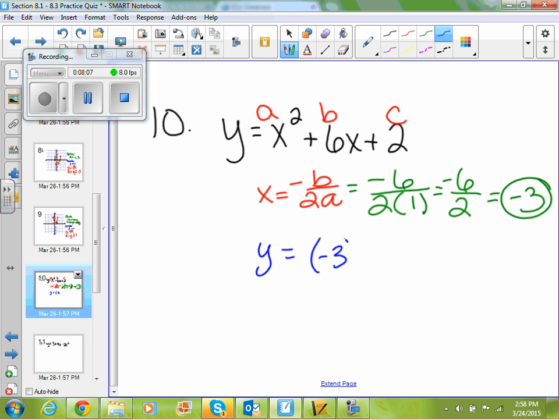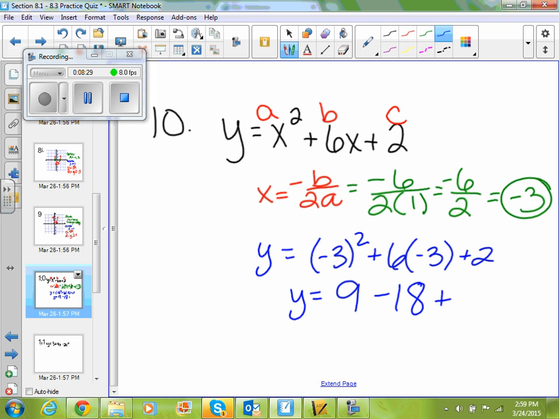Negative 3 squared plus 6 times negative 3 plus 2. What's negative 3 squared? 9. Then 6 times negative 3 is negative 18, plus 2. What is 9 minus 18 plus 2? Negative 7.